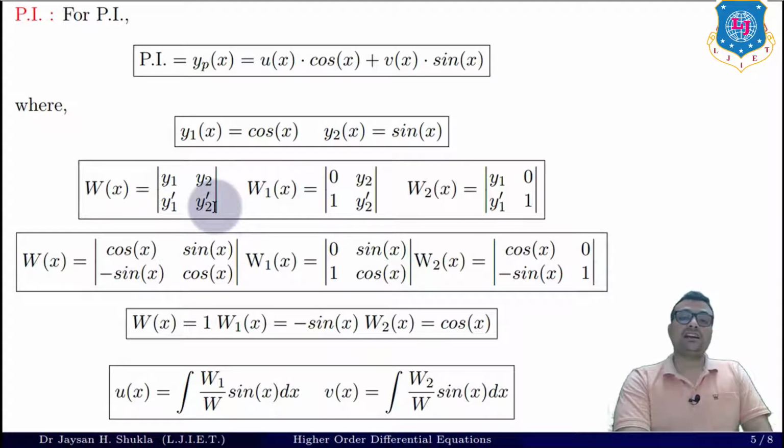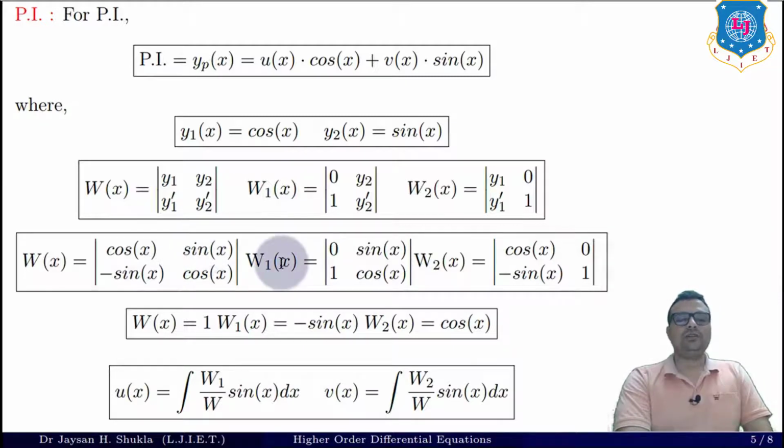Whenever I write W1, I will replace the column of y1 with 0, 1. Whenever I write W2, I will replace the column of y2 with 0, 1. This gives me W as y1, cos x, and its derivative, minus sin x; y2, sin x, and its derivative, cos x.